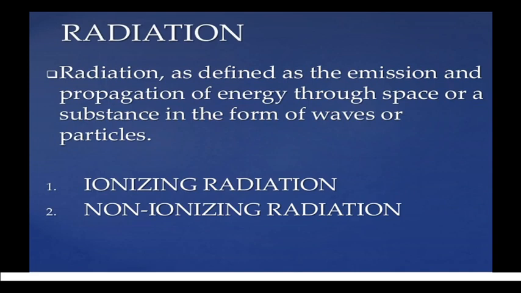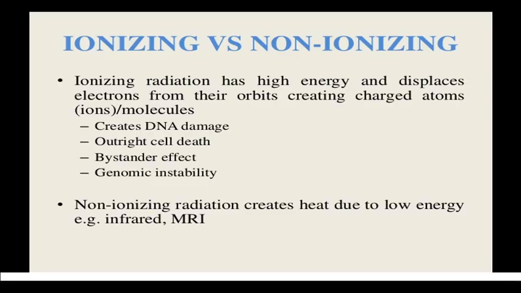And there are two types of radiations, ionizing radiation and non-ionizing radiation. Ionizing radiation has high energy so that it displaces electrons from their orbits, creating charged atoms or molecules. From the word itself, ionizing means it's very penetrating, so that it can displace the electron.